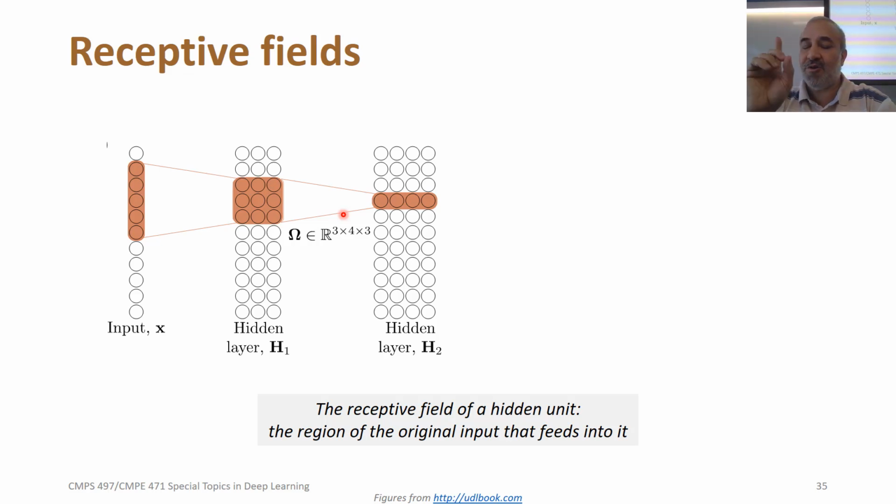The kernel size here is 3, but it's applied to multiple channels. When we say the size of the kernel, we mean the size of the region in each channel, in one channel, which is 3. So the kernel size here is 3.